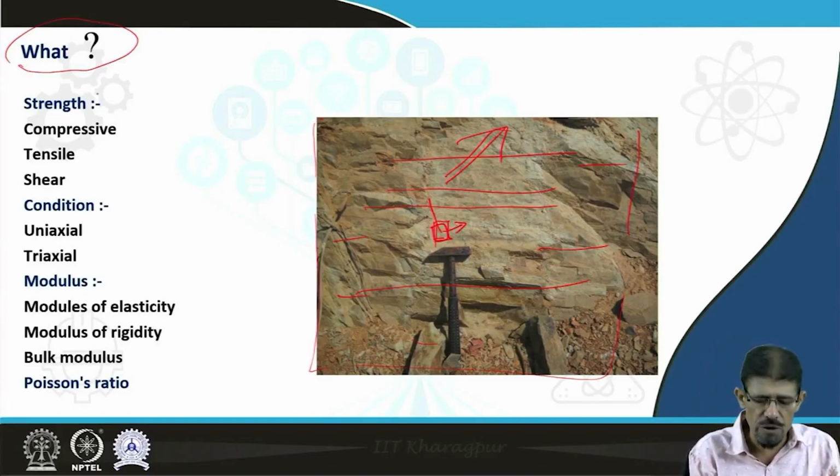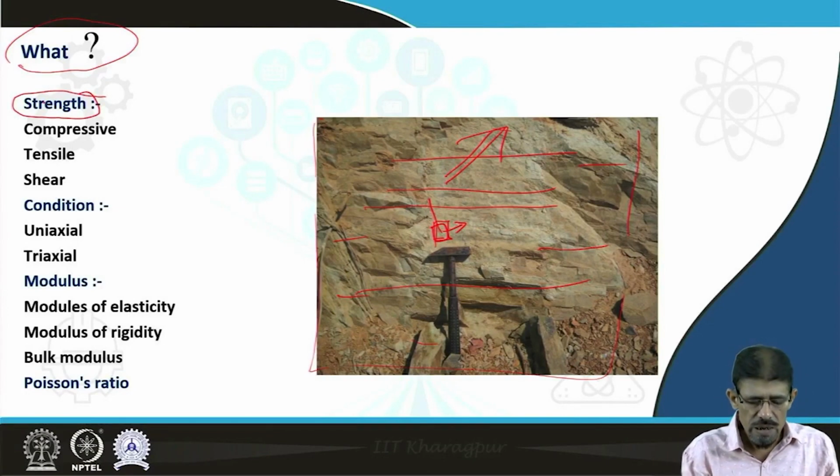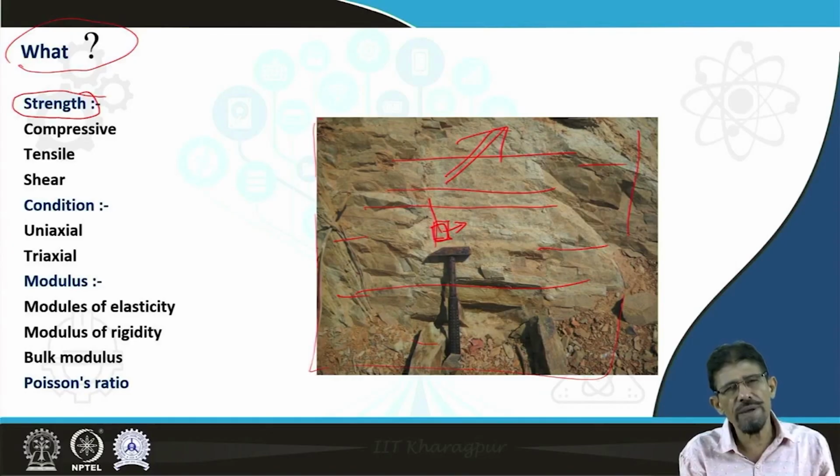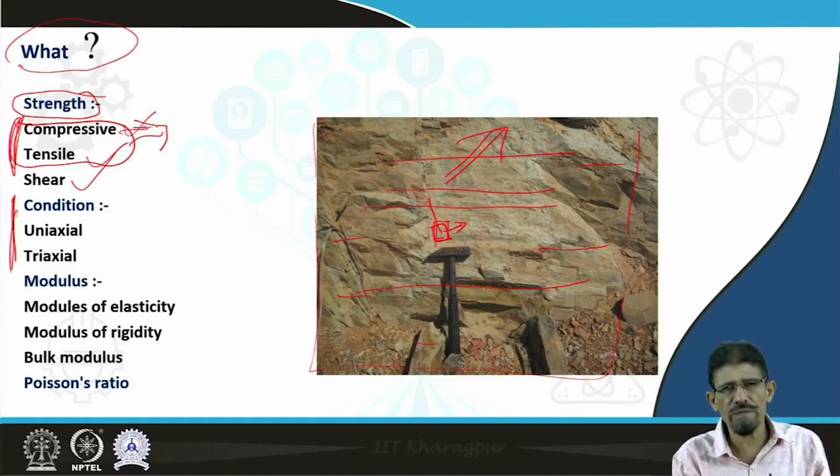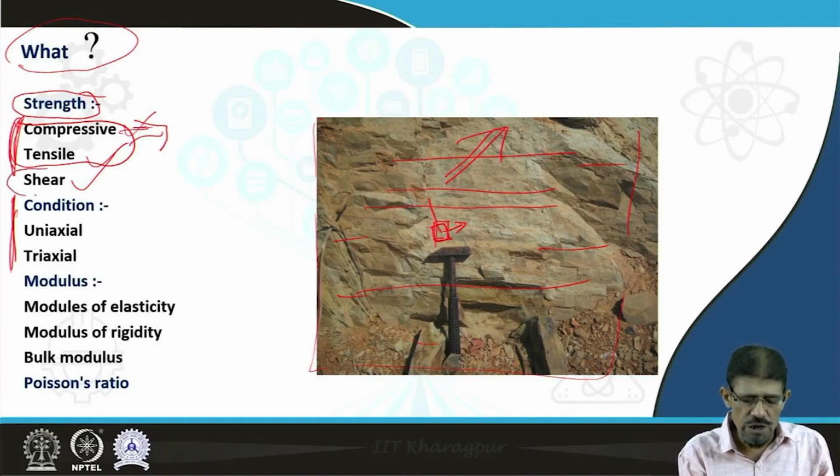Therefore, we require to determine, first, the important parameter: strength. We have different types of strength based on the environment of stress. If compressive, then compression. If tensile, then tension. If shear, tangential, then shear. Compressive and tensile are counterparts of each other. The shear is slightly different.